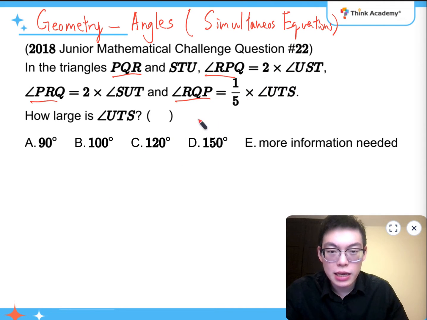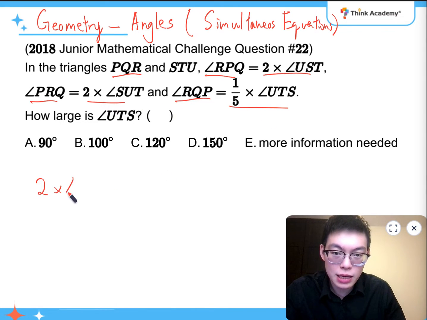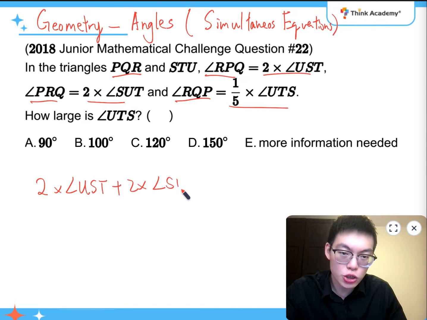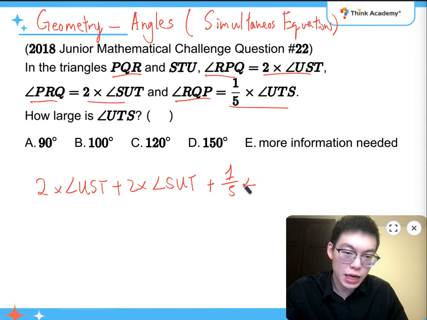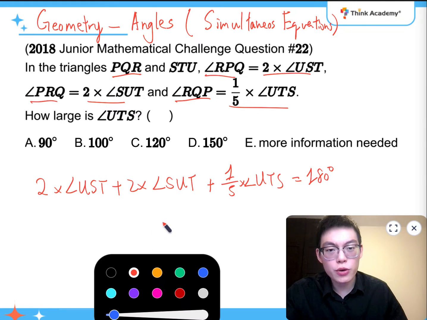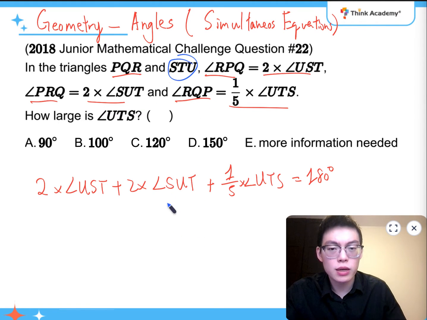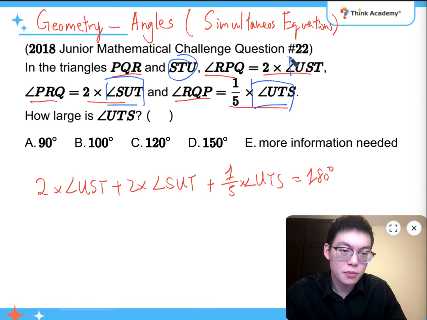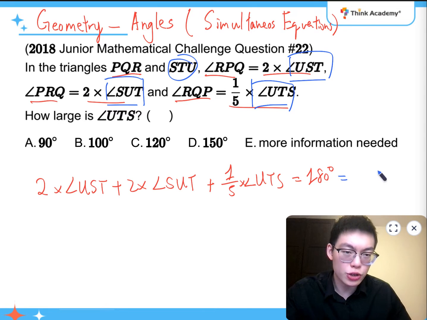In other words, if I am replacing these 3 angles by whatever they are, it means that 2 times angle UST, adding 2 times angle SUT, adding a fifth of the angle UTS is equal to 180 degrees. But we also know that STU is also a triangle, which means that these 3 angles added up should also be 180 degrees.